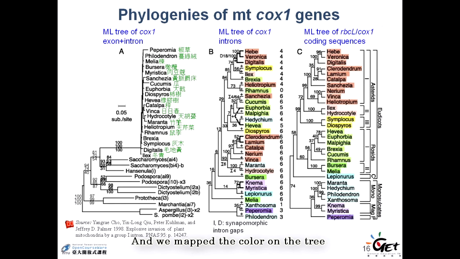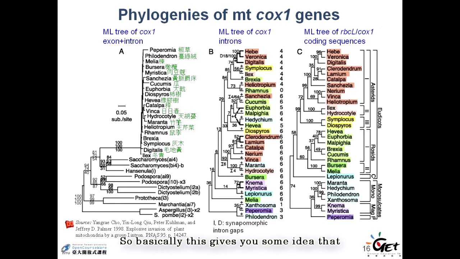And we map the colors on the tree derived from the COX-1 intron. We see that the tree from the COX-1 intron does not support many of the relationships in the true species tree. In this case, the orange group does not group together, the yellow ones are here, and so on.